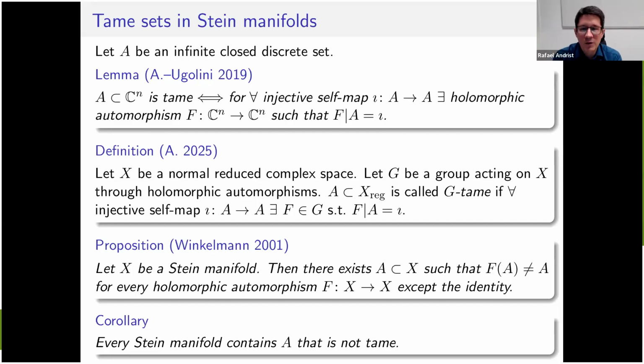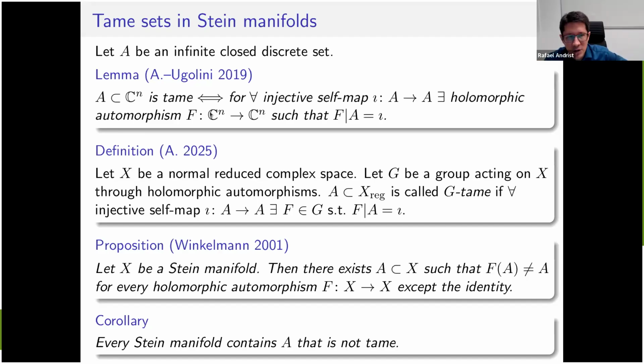But if you are in an arbitrary manifold, then of course you have no automorphisms. But let's say you have a nice manifold, like a homogeneous space of a linear algebraic group, and you have two tame sets in this manifold. You would like to know that you can map one tame set to the other by an automorphism, because if you can't do that, then it feels very different from CN.